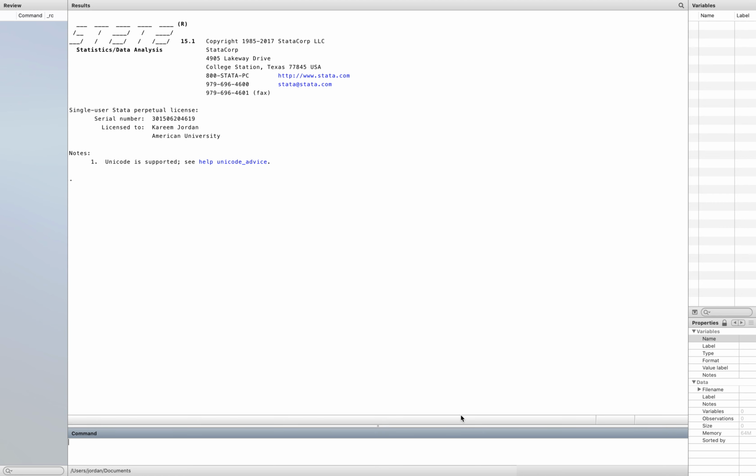Oftentimes what people do is they use an ordinary least squares regression to analyze count measures, and that's not the appropriate thing to do.